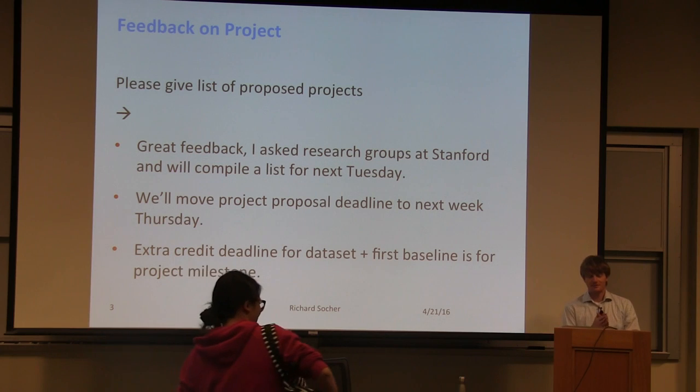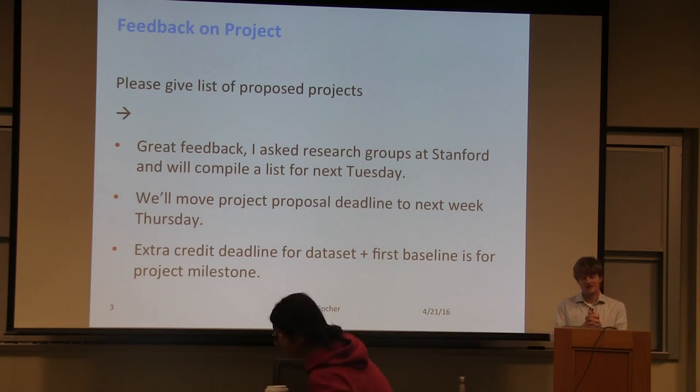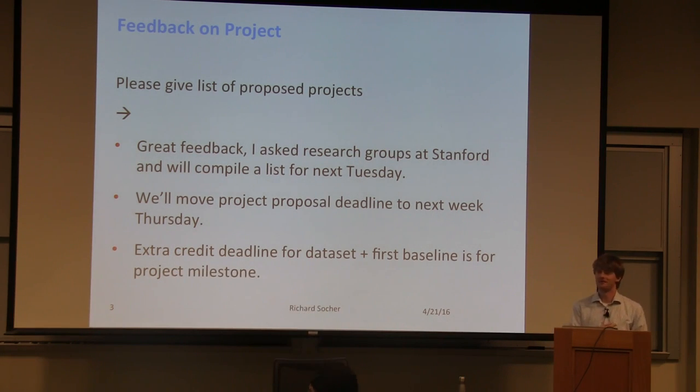Another major piece of feedback was that people would like to see a list of proposed projects, and I actually think that's a great idea. So I asked a bunch of research groups at Stanford, mostly NLP and the deep learning groups, to see if they can come up with additional ideas.